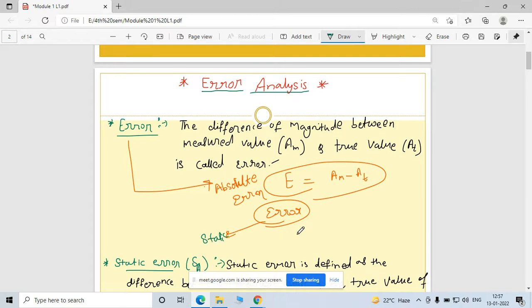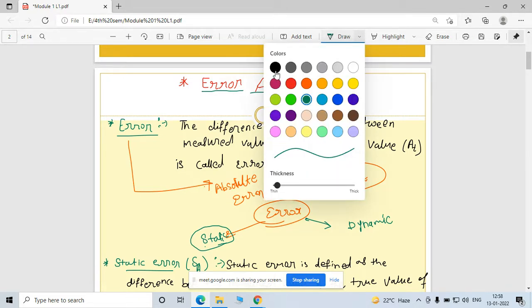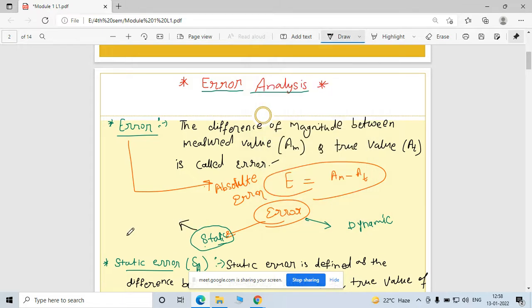Static error is the error which is independent of time, meaning the error which does not vary with respect to time.